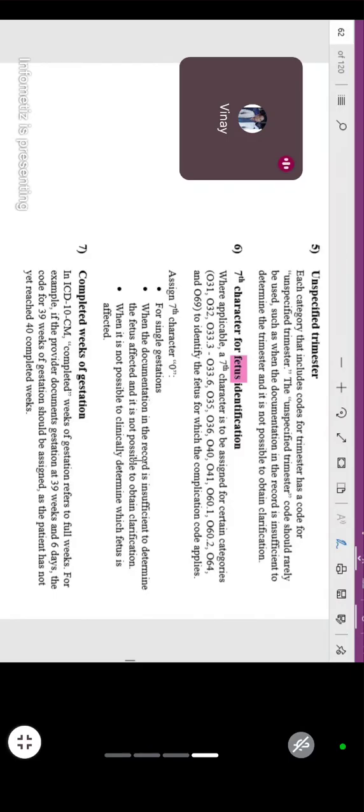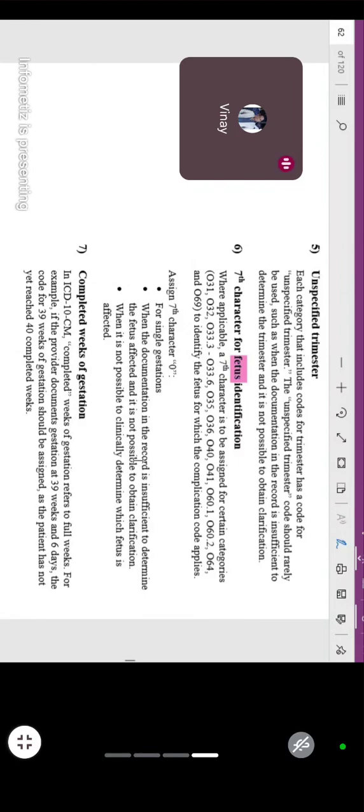So suppose the lady has a twin pregnancy, then which fetus has a heart problem? Both fetuses or only one? Whenever they scan during pregnancy, and if twins or triplets or multiples are found, they will give fetus numbers 1, 2, 3. I don't know how they recognize it because fetuses are still moving, but they give fetus 1, fetus 2, fetus 3.